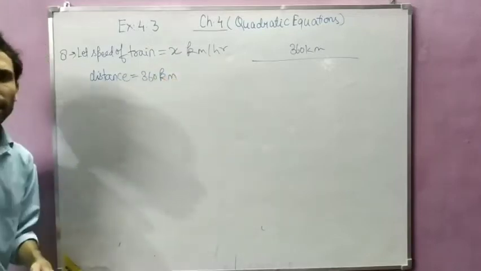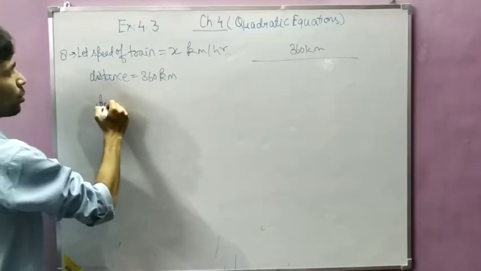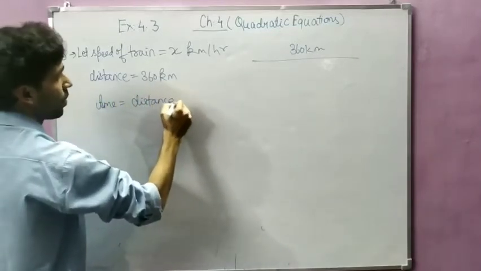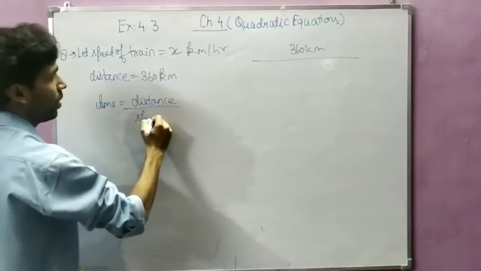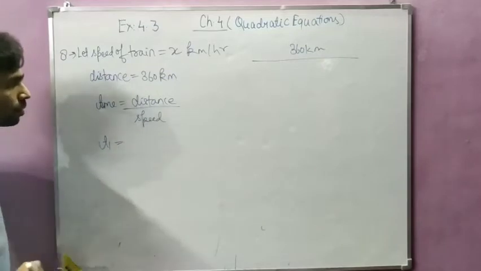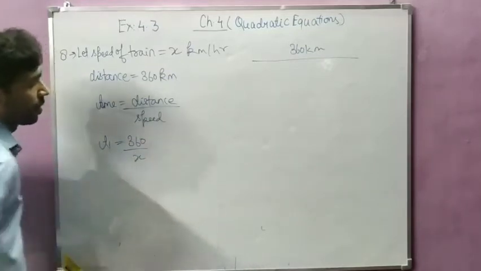So can you calculate time? Yes, you can calculate time. We know that time is equal to distance upon speed. We all know that. Okay, suppose it is t1 time, so now this will be 360 upon x.